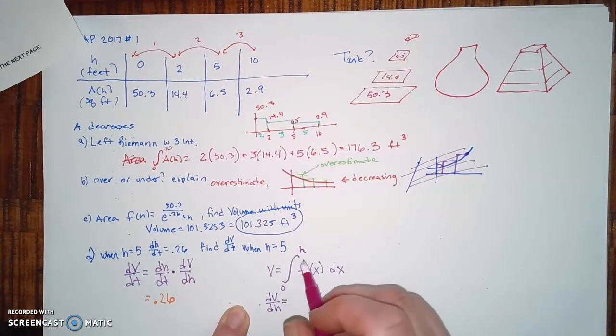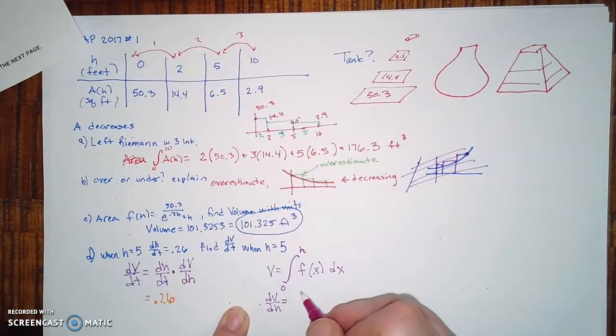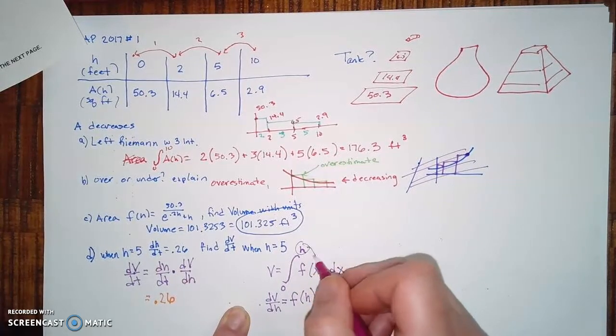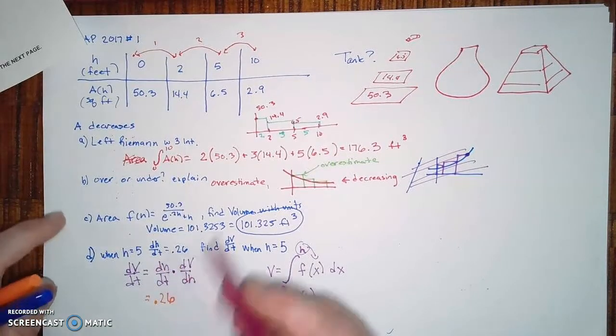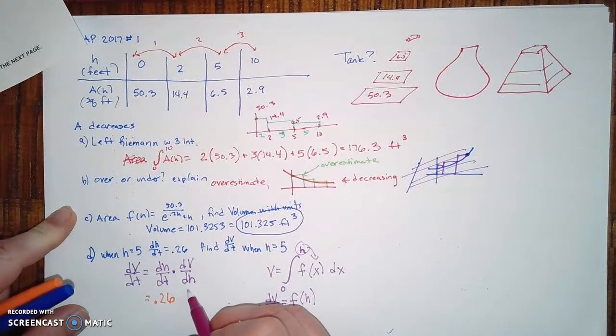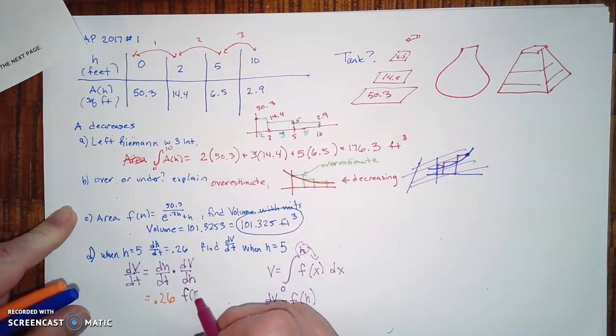That would be equal to A of h, to drop the top for taking the derivative, at the height I want it to be at. So dV/dH would be the height of the graph at 5. So it would be equal to 0.26 is dH/dt. dV/dt would be whatever that graph is at 5.